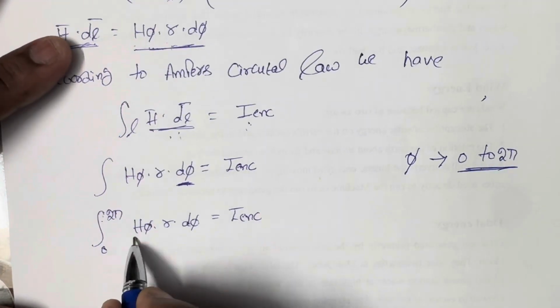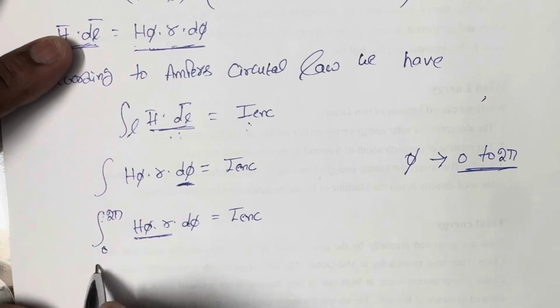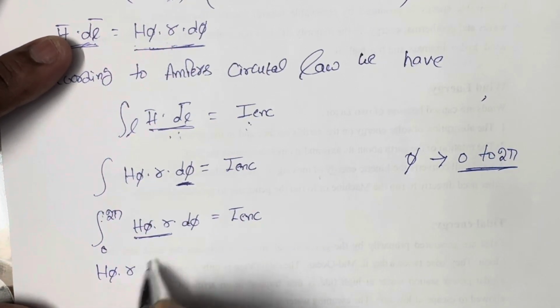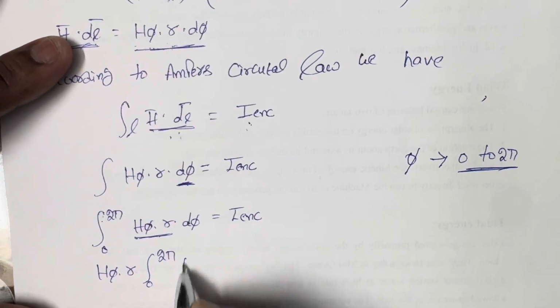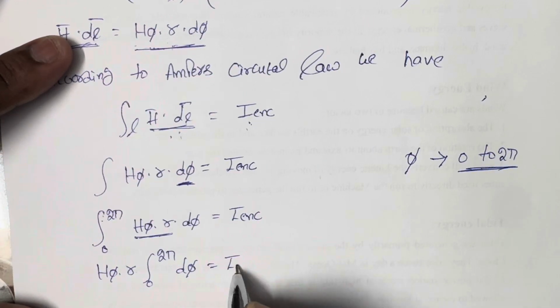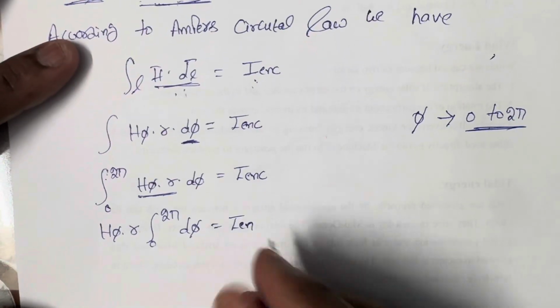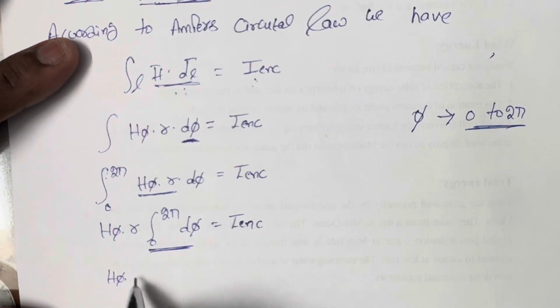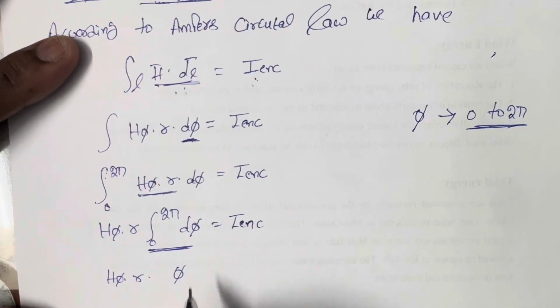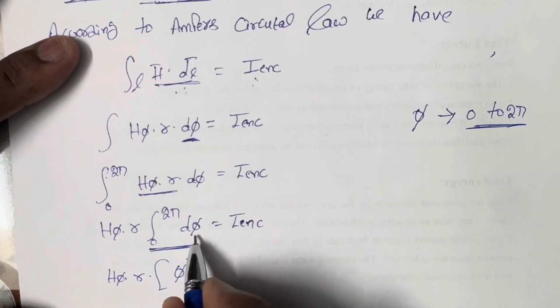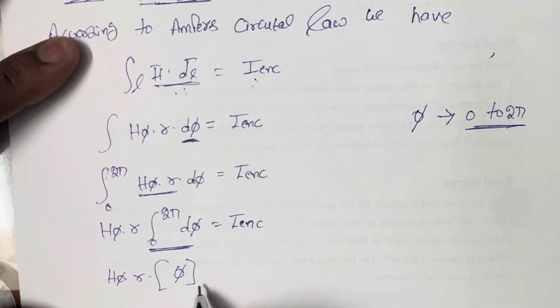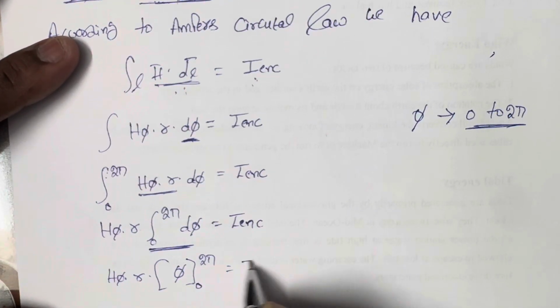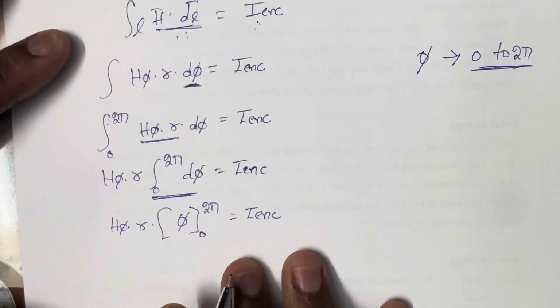Now I am letting the constant terms go to this side. So H phi into r into the integral from 0 to 2 pi of d phi equals I enclosed. Now applying integration, d phi becomes phi, and the limits are 0 to 2 pi, equal to I enclosed.